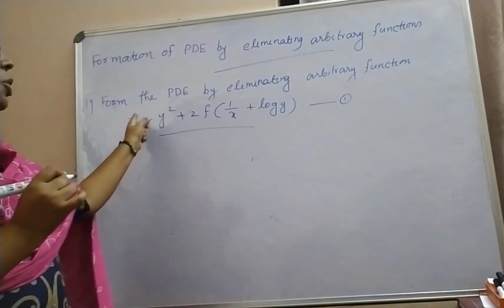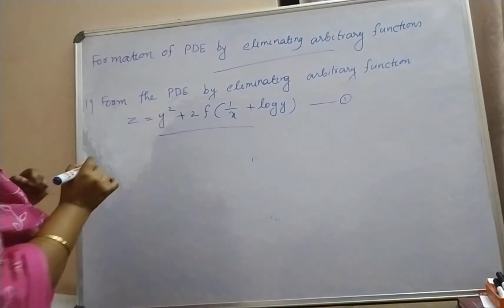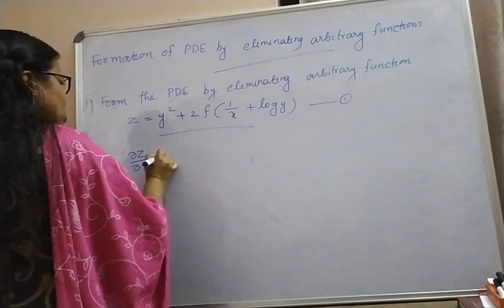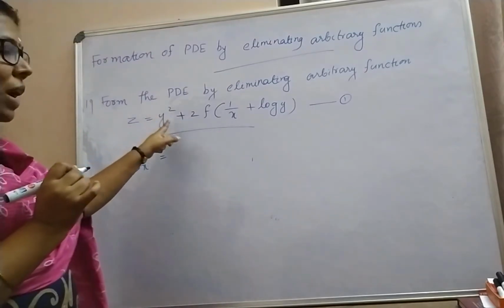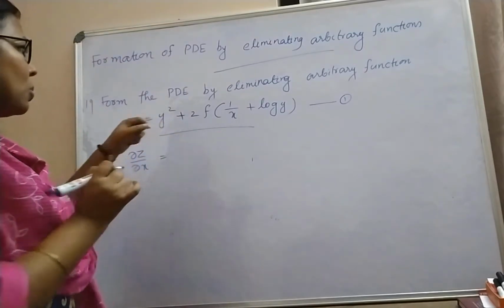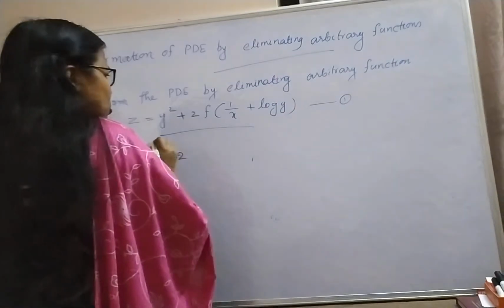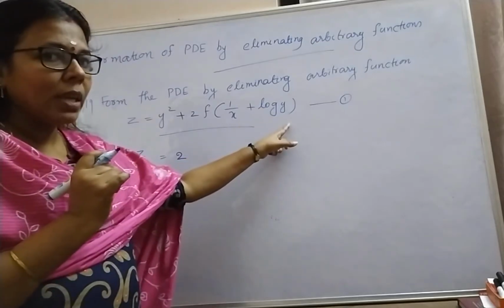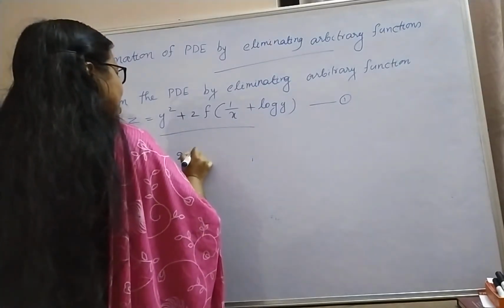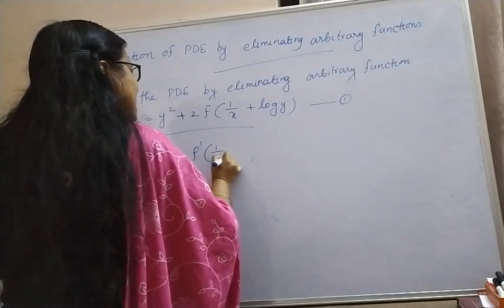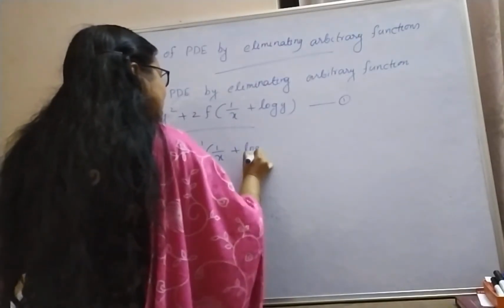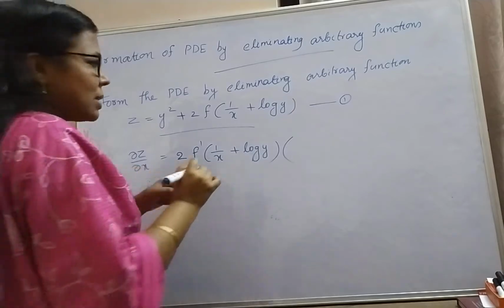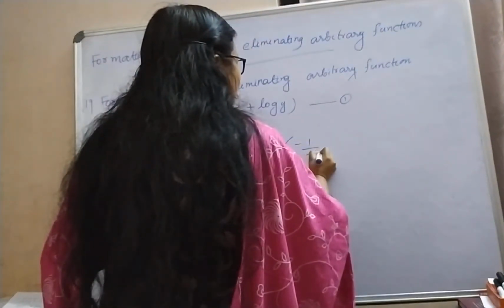Partially differentiating equation number 1 with respect to x, we get dou z by dou x equal to partial derivative of y square with respect to x is 0. Then 2 into partial derivative of f of 1 by x plus log y with respect to x is f dash 1 by x plus log y into partial derivative of 1 by x with respect to x, which is minus 1 by x square.